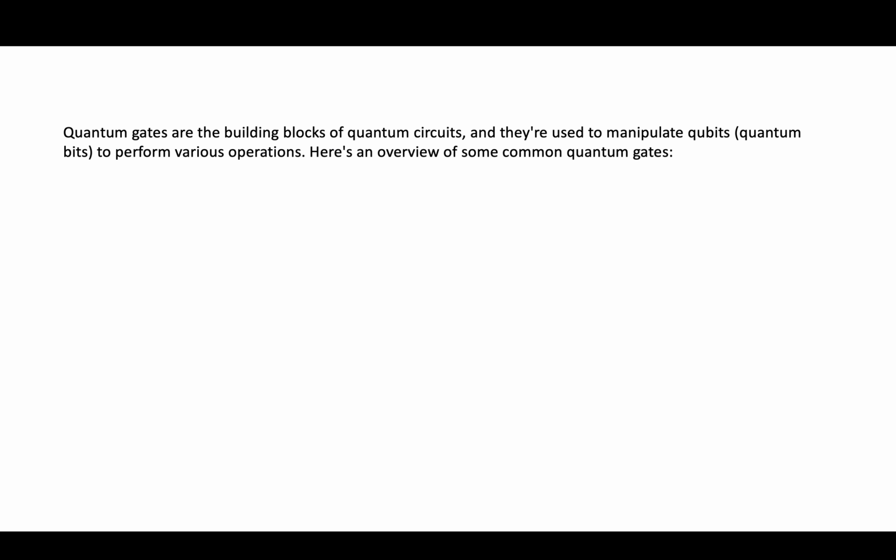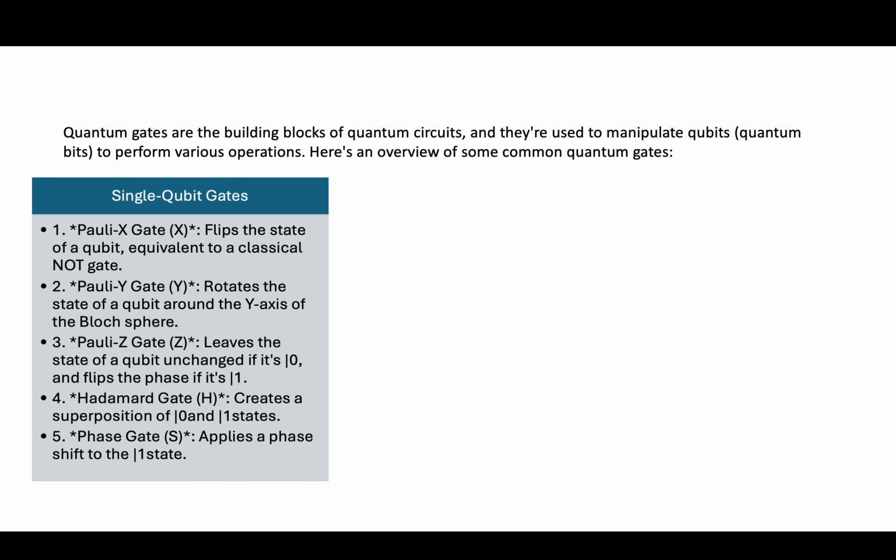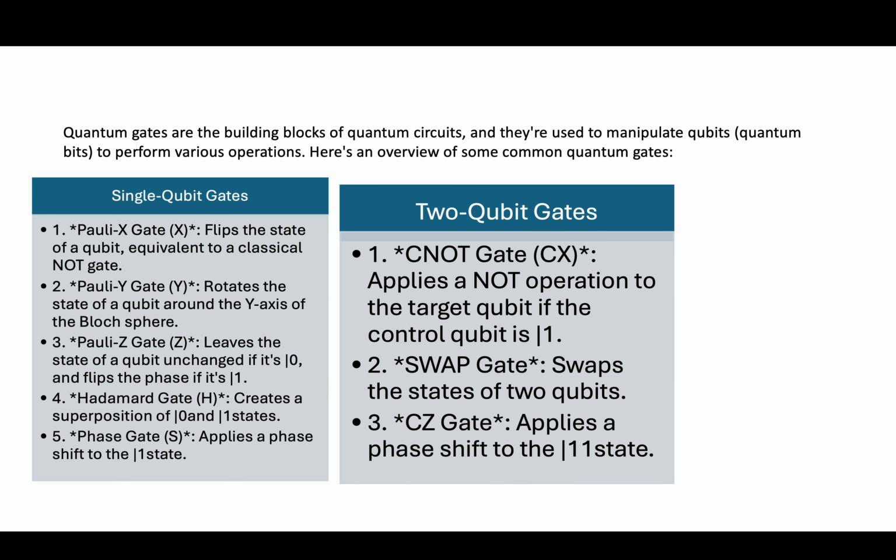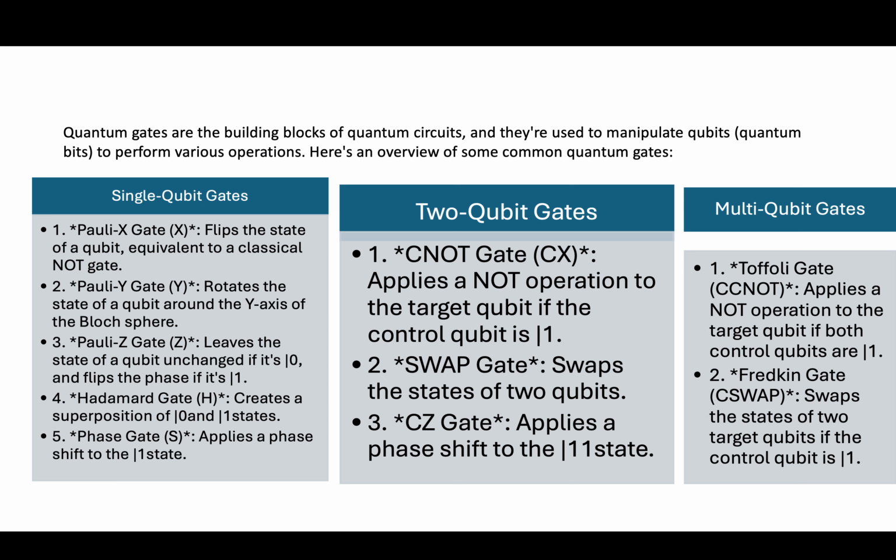So quantum gates are the building blocks of quantum circuits, and they are used to manipulate quantum bits to perform various operations. Here is an overview of some common quantum gates. Typically, we'll be going into detail about single-qubit gates, then two-qubit gates, and multi-qubit gates.